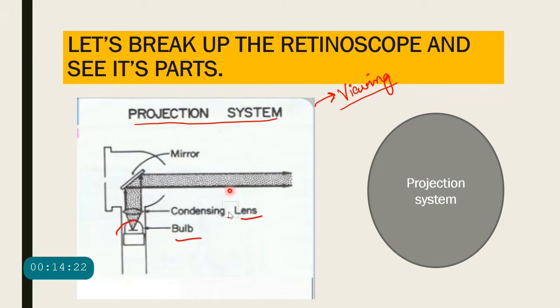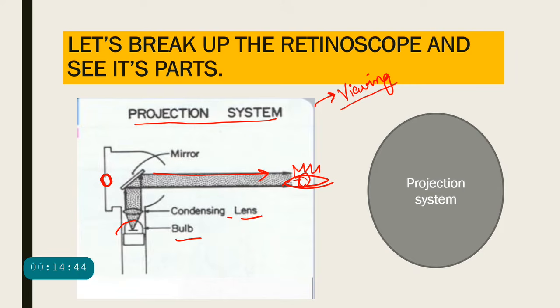This mirror usually has a hole, and then the rays of light are going to be projected into the patient's eye. Now there is a hole or a peephole which is present here, and the examiner usually sits here looking through the peephole into the patient's pupil. So this is called the projection system.